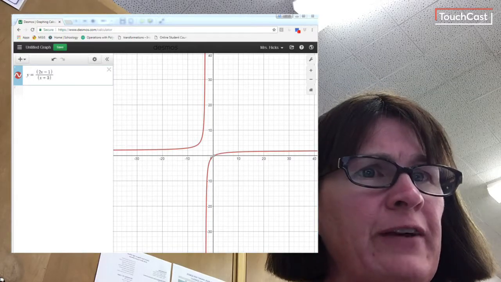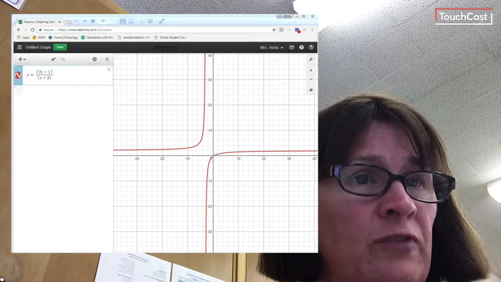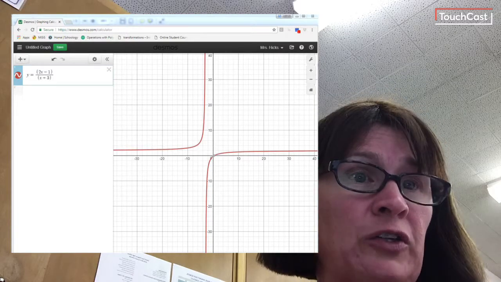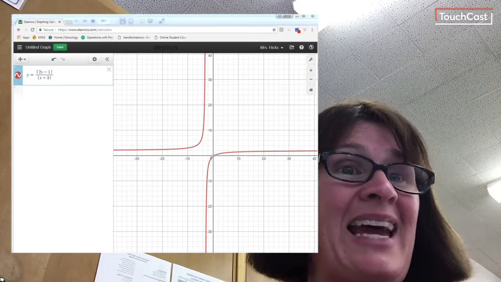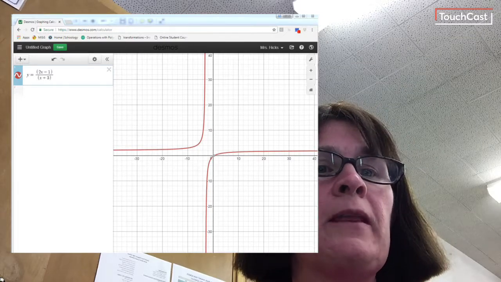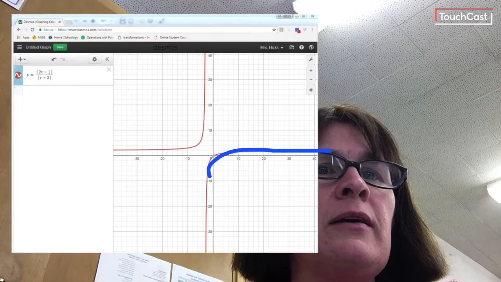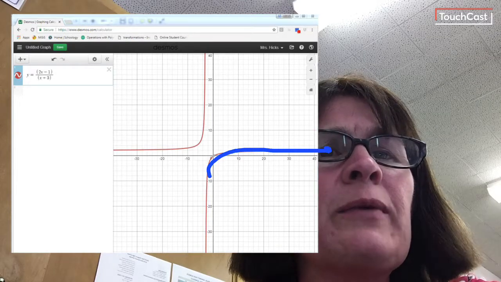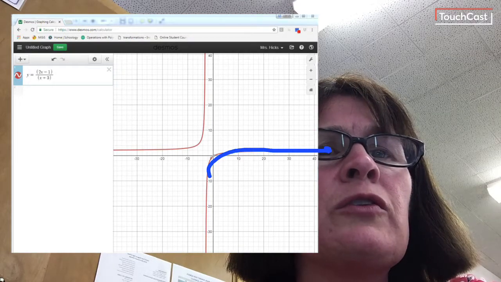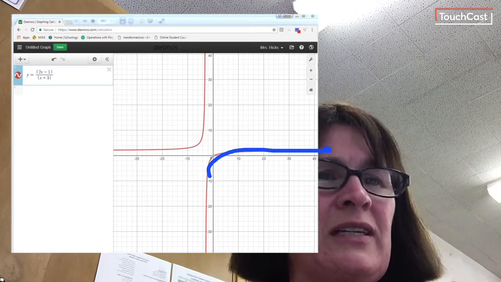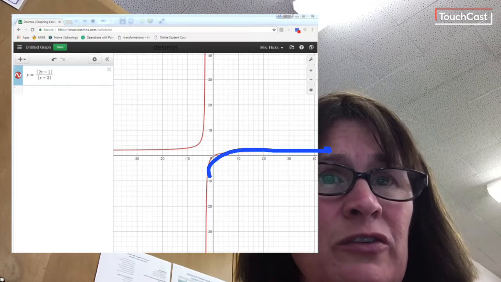So now I've asked you to investigate the behavior of this function, the limit of the function, which means the y value of the function, as x gets really, really, really big. So I can imagine following this line along here. If you're really careful about reading this graph, that's 1, 2, 3, 4, 5 spaces to get up to 10, so that means I'm counting by 2s.